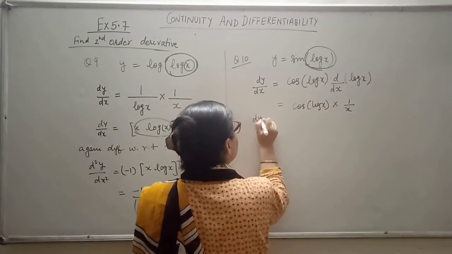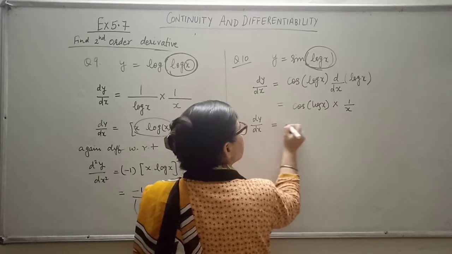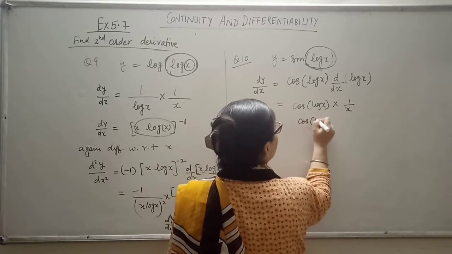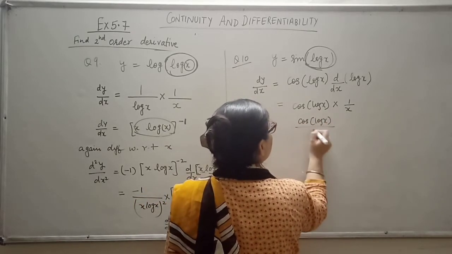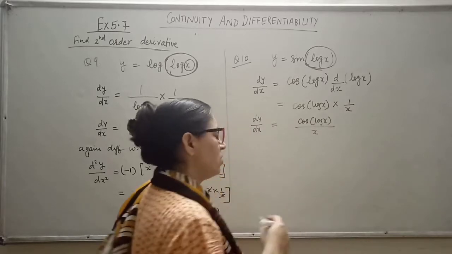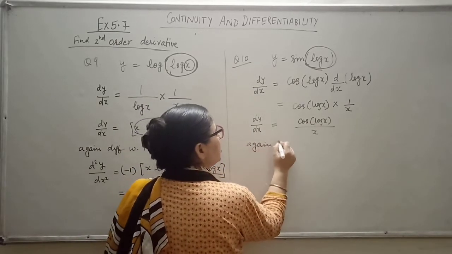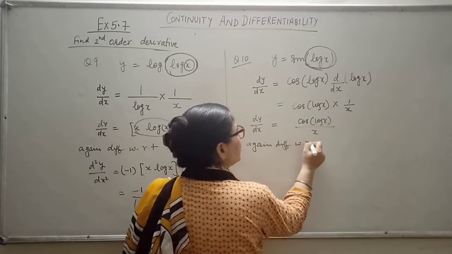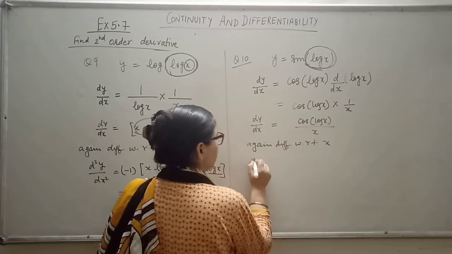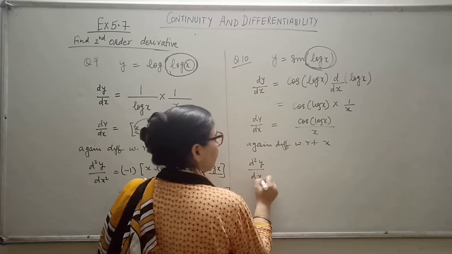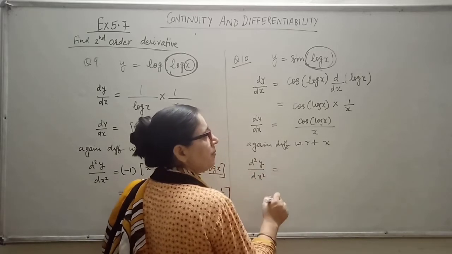So what is your dy by dx? That is equal to cos of log x upon x. So again differentiating with respect to x, what does it become? Quotient rule will be applied here.